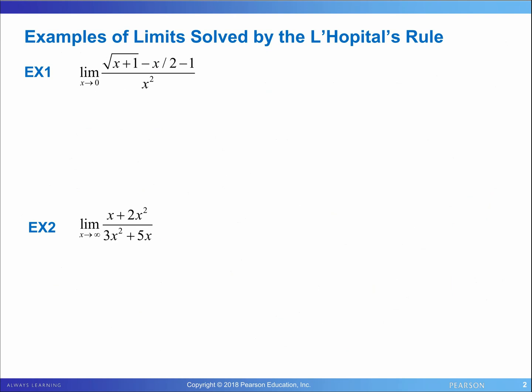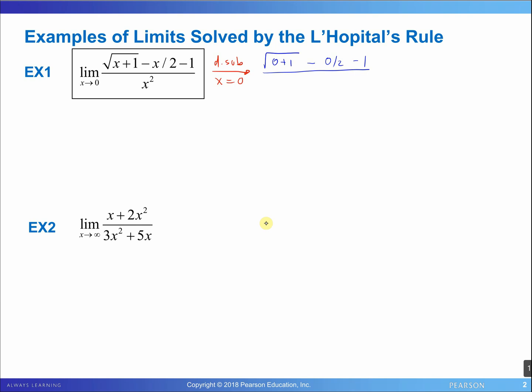In this example number 1, we need to find the limit of this fraction as x goes to 0. So the first approach I'm going to try here is the simplest one, direct substitution, as the first step, which means that we are going to put in x equal to 0 into this expression. So what we have right here is the square root of 0 plus 1 minus 0 minus 1, divided by 0 squared.